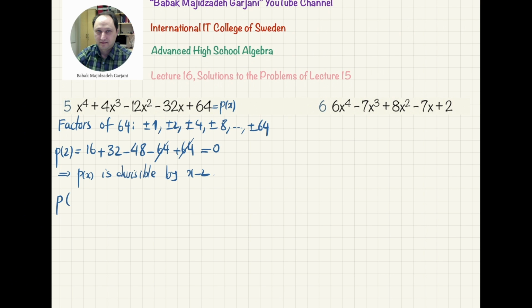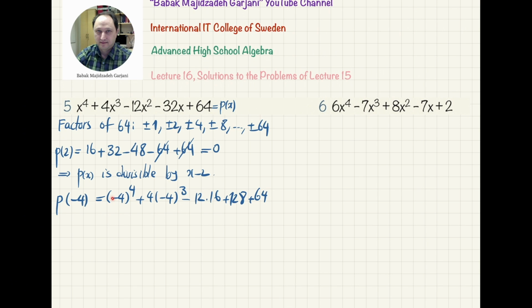So p of minus 4 is minus 4 to the 4 plus 4 times minus 4 to the 3 minus 12 times 16 plus 128, and then I have plus 64. But then you can see that this number and this number are opposite.